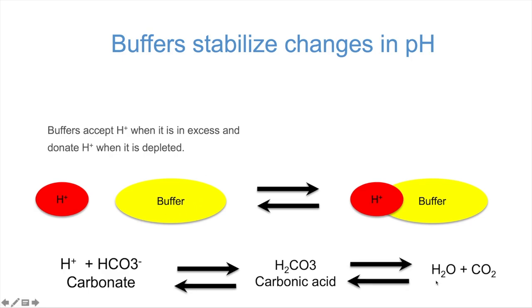So how do buffers work? Buffers accept hydrogen ions when they are in excess in the solution, and they donate hydrogen ions when they are depleted. So buffers usually exist in a solution in two different forms: the molecule that is separate from its hydrogen ions, and a form of the molecule that is bound to the hydrogen ions.